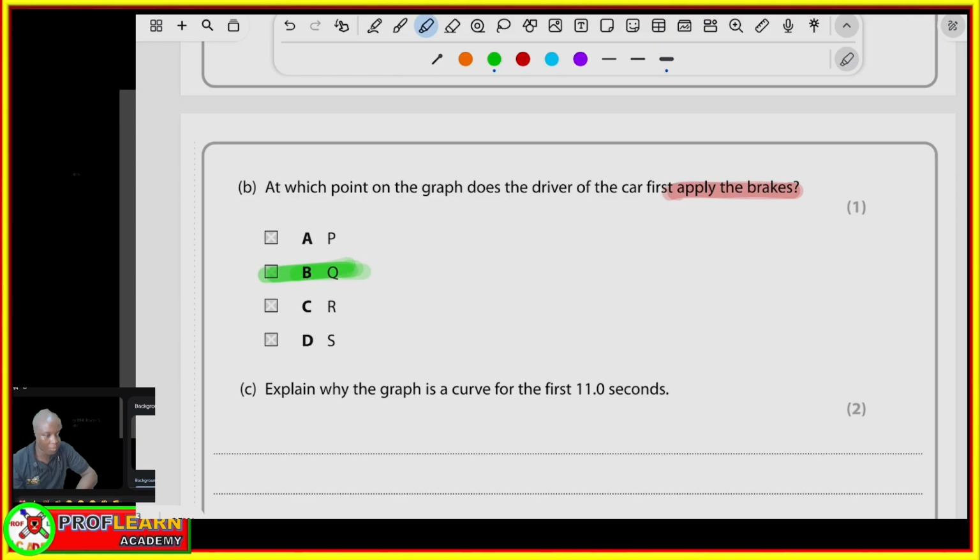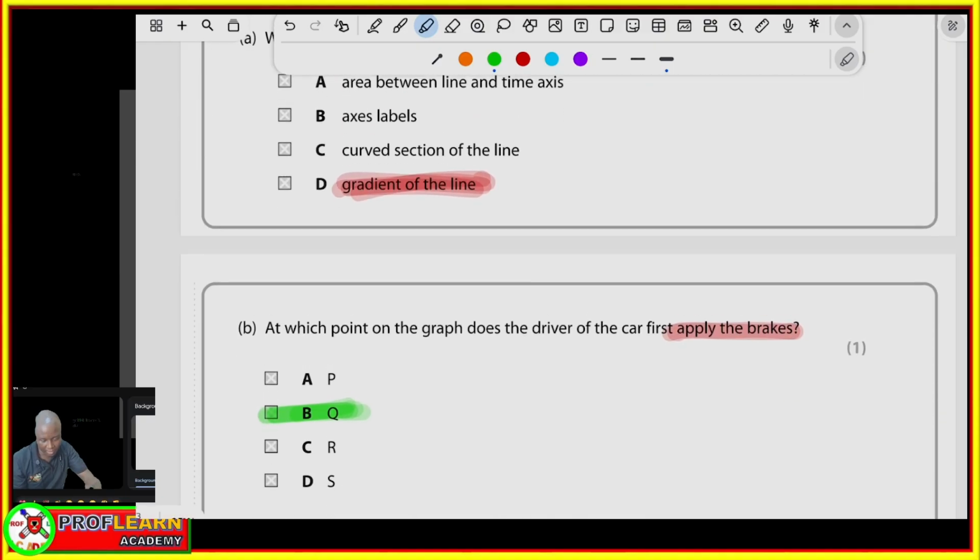Explain why the graph is a curve in the first 11 seconds. So why is it that the gradient is a curve?